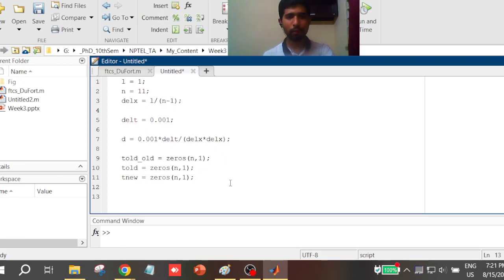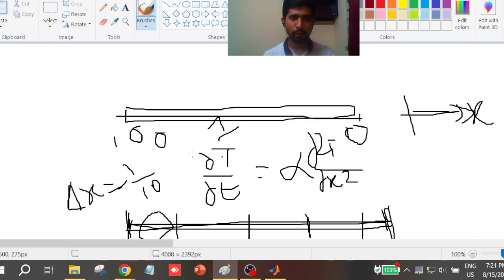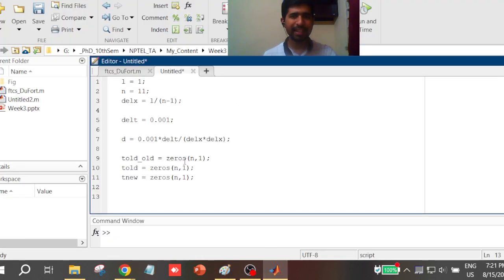Initial conditions I have to give for all these variables. Let me start with T old of old. As I explained in this problem, it is 100 at 0. It is an initial condition as well as a boundary condition. T old of 1 is 100, and T old of n, the last grid point, is 0.